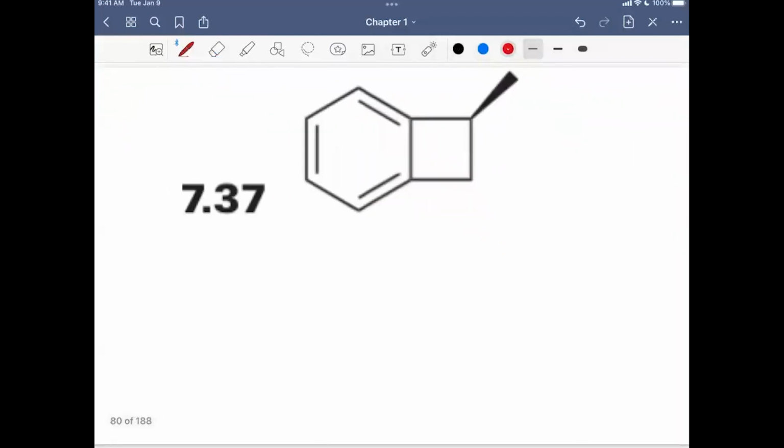Okay, we have this next one right here. Let's determine where the stereo center is. It looks like this one is a good priority. We have a wedge sticking out, and these 2 groups are different right here, and we have a hydrogen that's not shown, but I'll write it in, and that hydrogen would be a wedge.